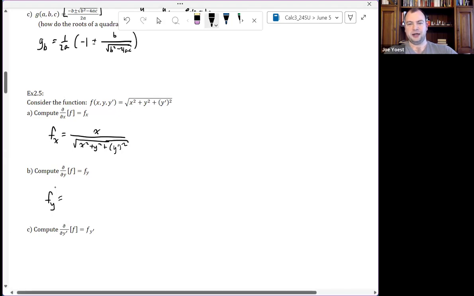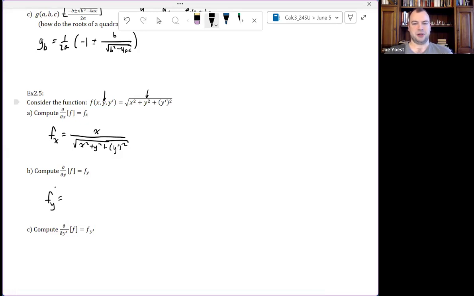What's f sub y? Well, again, my second input, that's what I'm differentiating with respect to. So I have the square root of some constant plus second input squared plus some other constant.